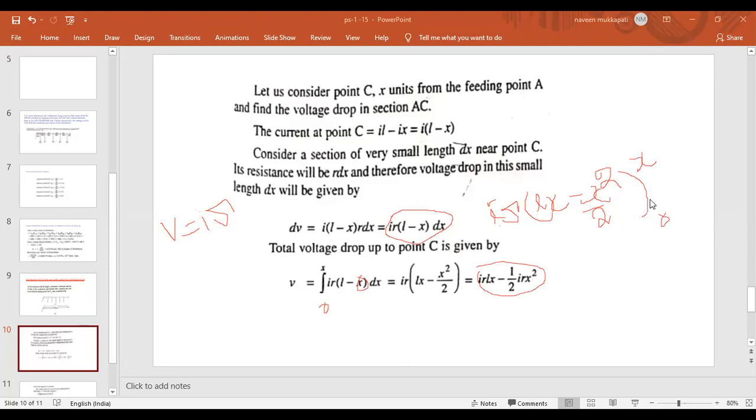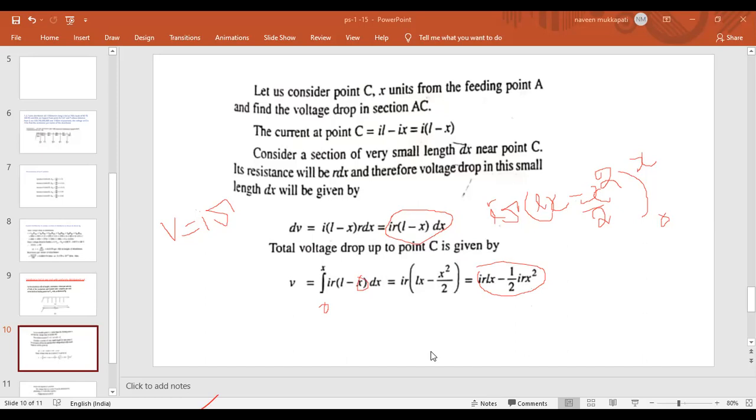After substituting these integral values, the equation is IR Lx minus 1 by 2 IR x square. This is the total voltage drop up to the C point.